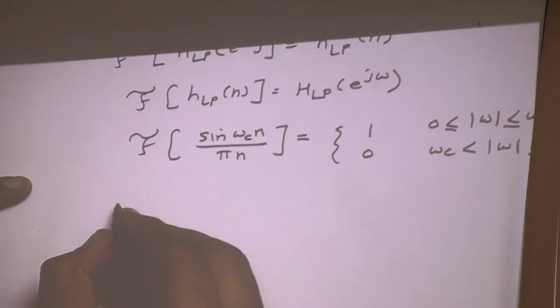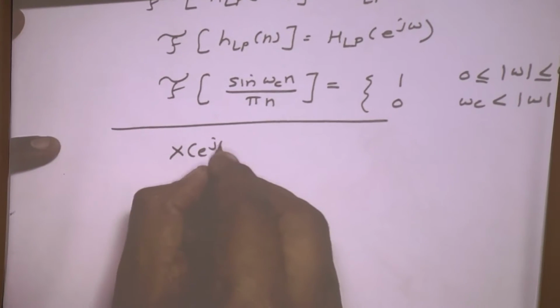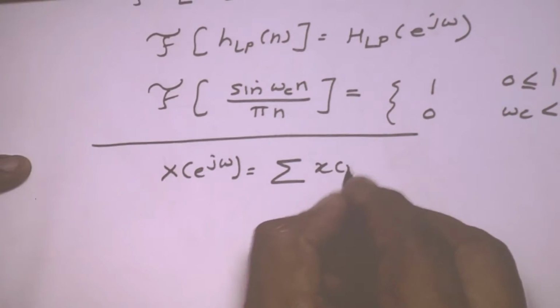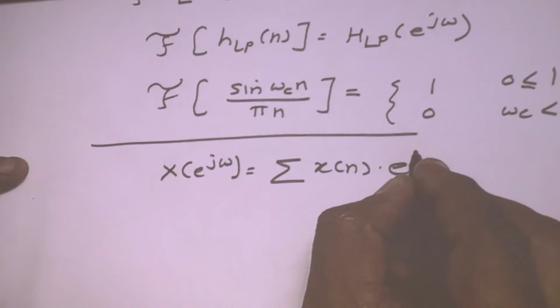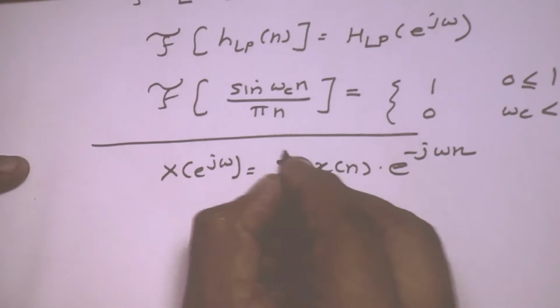Let us prove the inverse Fourier transform relation. What was the relation we derived? We started with X e to the power j omega is equal to summation of x of n into e to the power minus j omega n, n going from minus infinity to plus infinity.